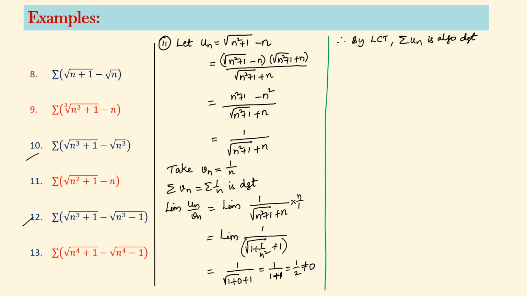So the next question, the 13th one. Here let un be equal to square root of n power 4 plus 1 minus square root of n power 4 minus 1. So these are square roots, so multiply with its conjugate.